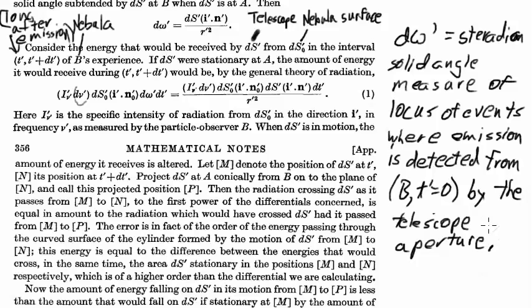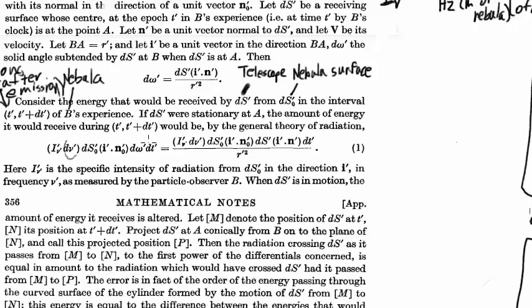So that is what d omega prime is. Sorry, nothing here is simple. And by the way, that's the only difference between these two equations, the left-hand side and the right-hand side: that d omega prime is ds prime times I dot n prime over r prime squared.